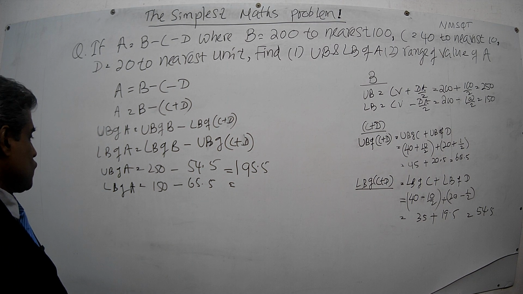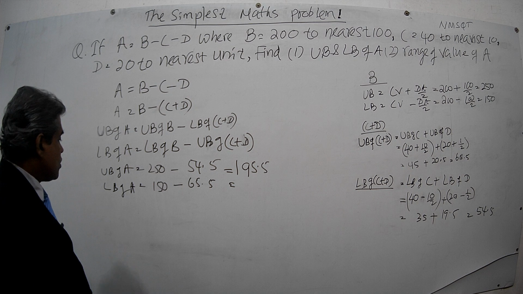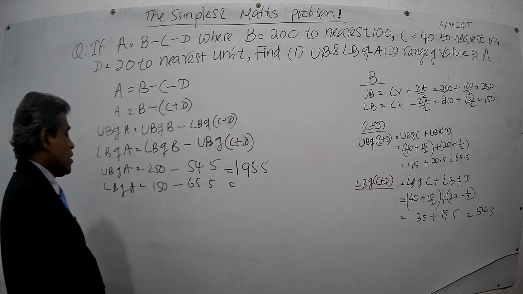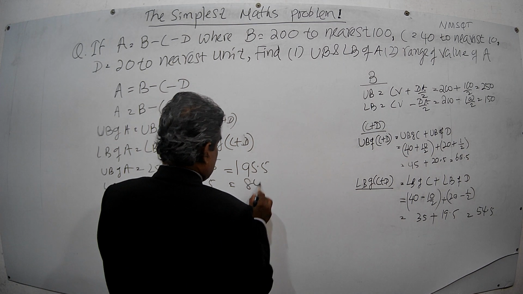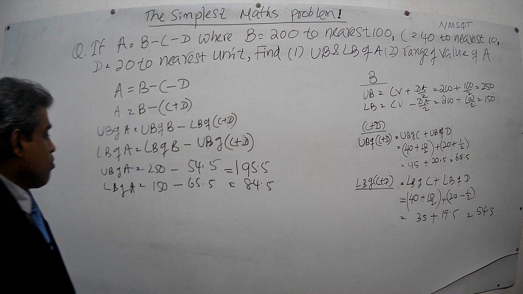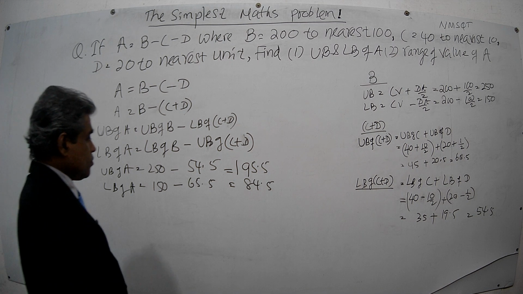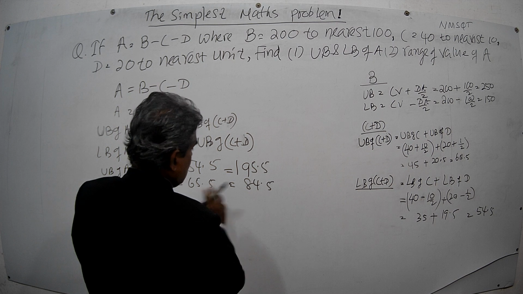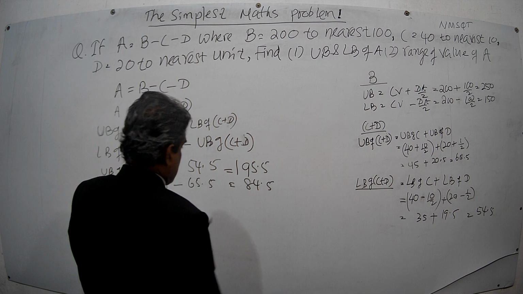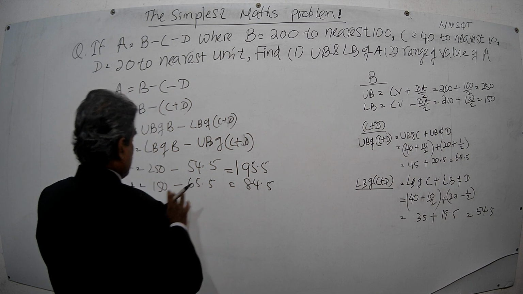Now subtract. If you subtract, how much will you get? 150 minus 65.5 gives 84.5.